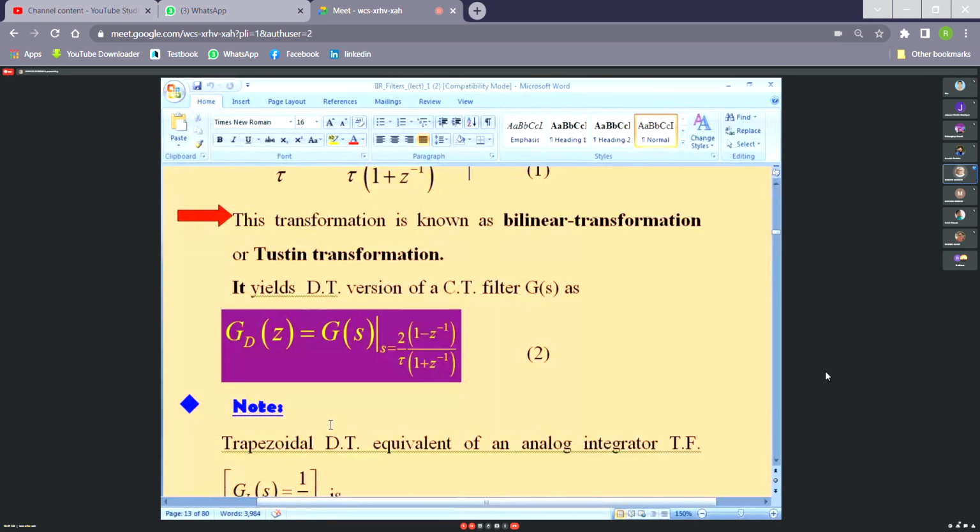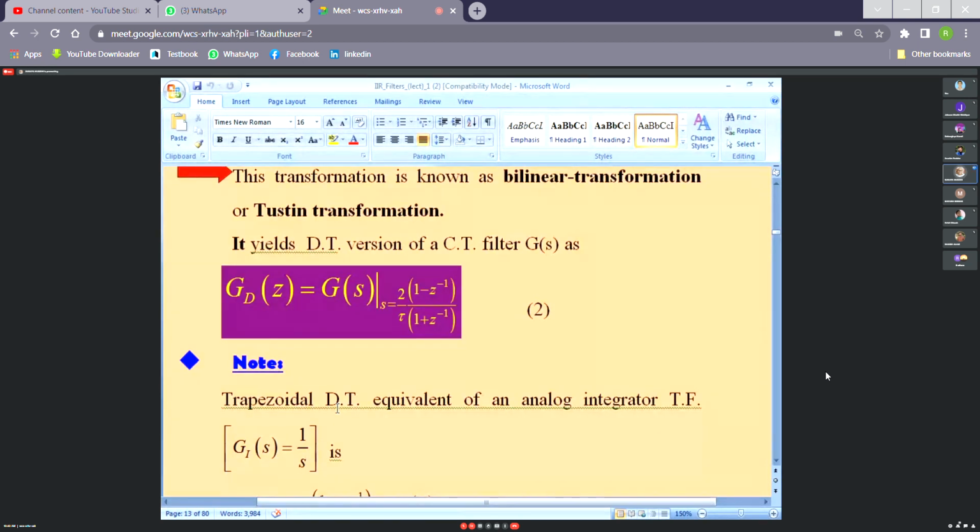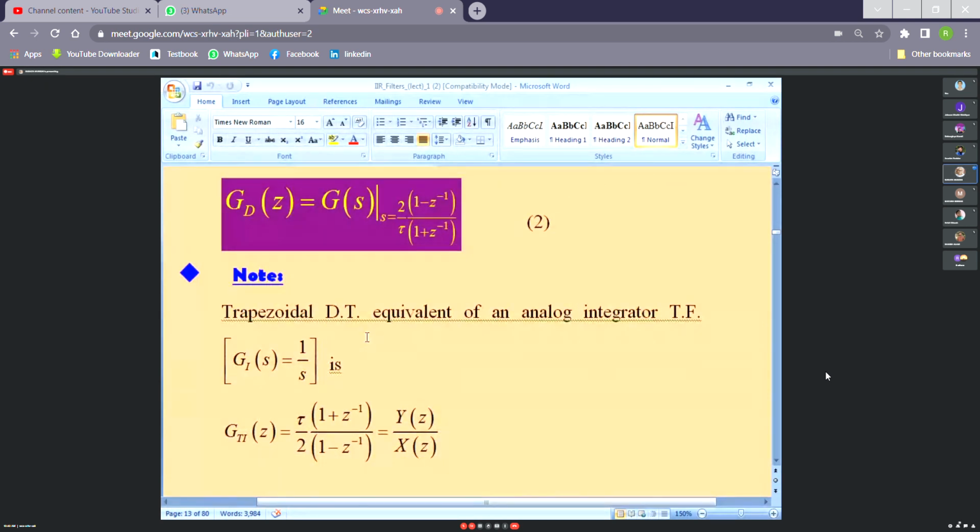Now, we have also seen that this bilinear transformation relation can be obtained by comparing the transfer functions of an ideal, that means a continuous time integrator, and a discrete time trapezoidal integrator. What is the transfer function of a continuous time integrator? It's 1 by S. And what is the transfer function of a discrete time trapezoidal integrator in the Z domain? It's tau by 2 times (1 plus Z to the power minus 1) by (1 minus Z to the power minus 1).